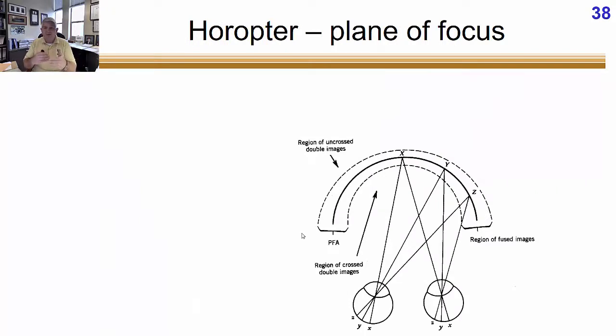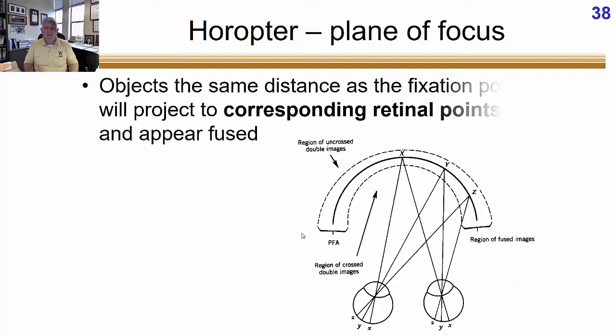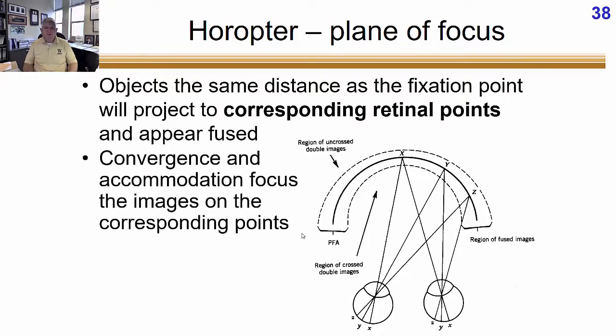There's actually a region of fused images that are falling on those corresponding retinal points, and we call that the plane of fused area. And convergence and accommodation allows us to move our plane of focus in and out. So if you remember, convergence and accommodation pretty much stop about 20 feet away.